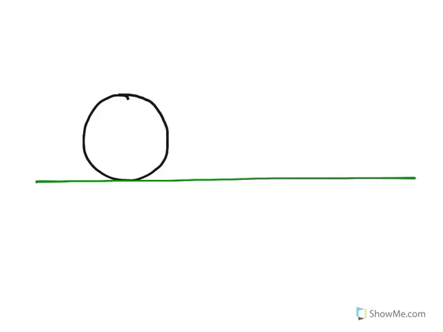Then let's suppose that we have a situation where something is rolling, and rolling motion is an object which is translating in time.